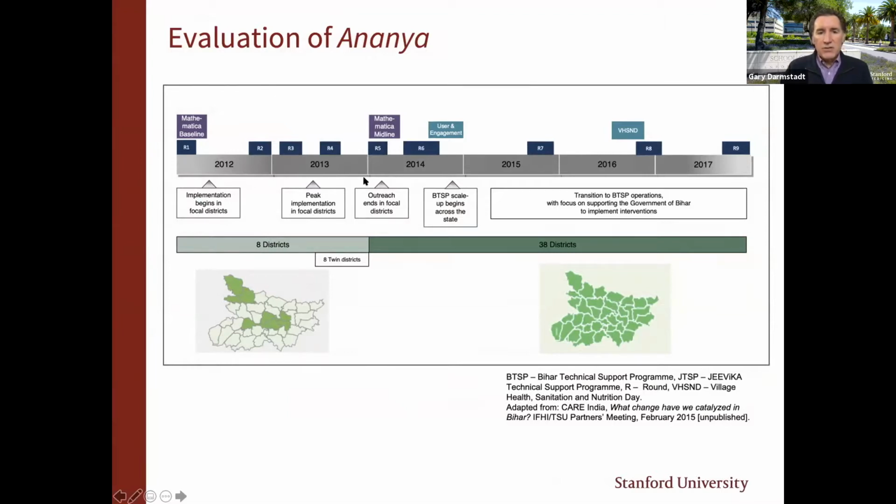A rapid transition to scale up during this period right here. And then the scale up going forward across the entire state as shown here. Here are the 2 Mathematica surveys 2 years apart. Here are the community health surveys conducted by CARE running all the way through, giving us trend data. And then we have some additional communications evaluations going on.